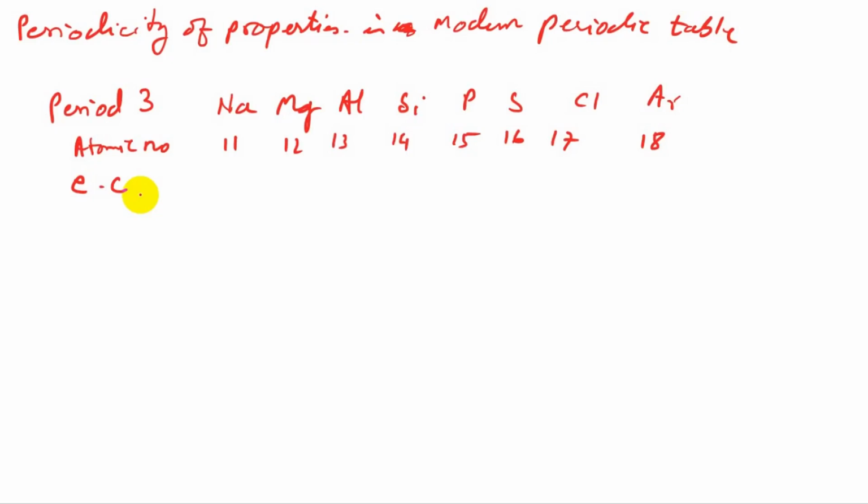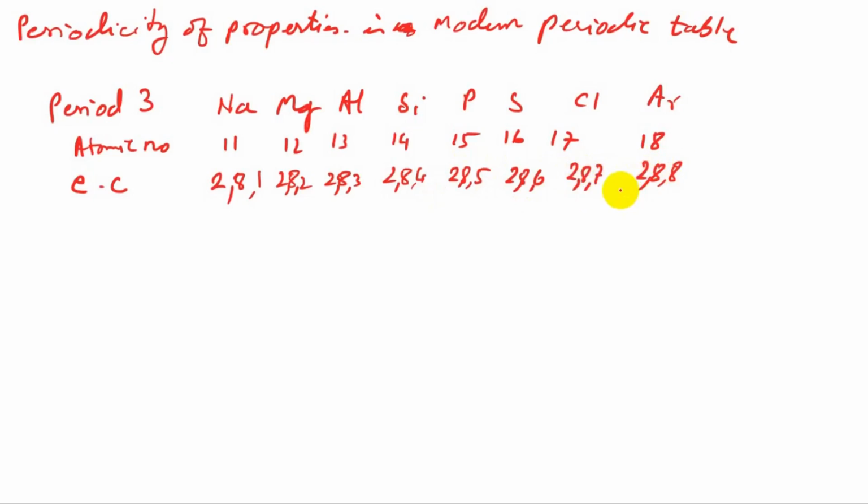So it will be 2, 8, 1; 2, 8, 2; 2, 8, 3; 2, 8, 4; 2, 8, 5; 2, 8, 6; 2, 8, 7; 2, 8, 8. I'm writing this so that we get an idea about the number of shells they have.